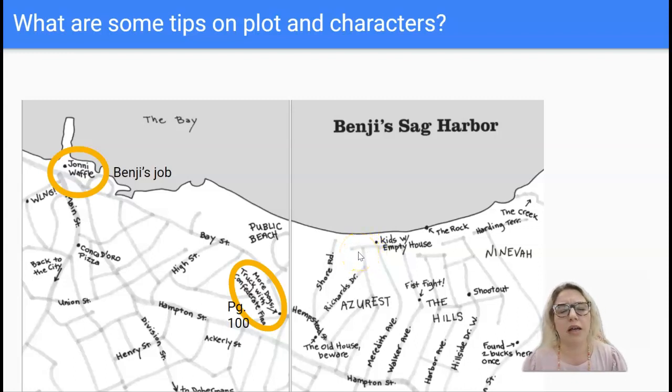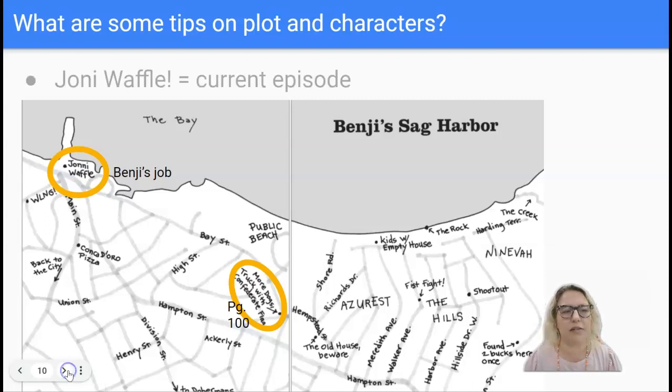And then we also hear referenced on page 100 the truck with the Confederate flag. If you wanted to make notes of those two items, you sure could. Those are going to help you locate where we are in space.